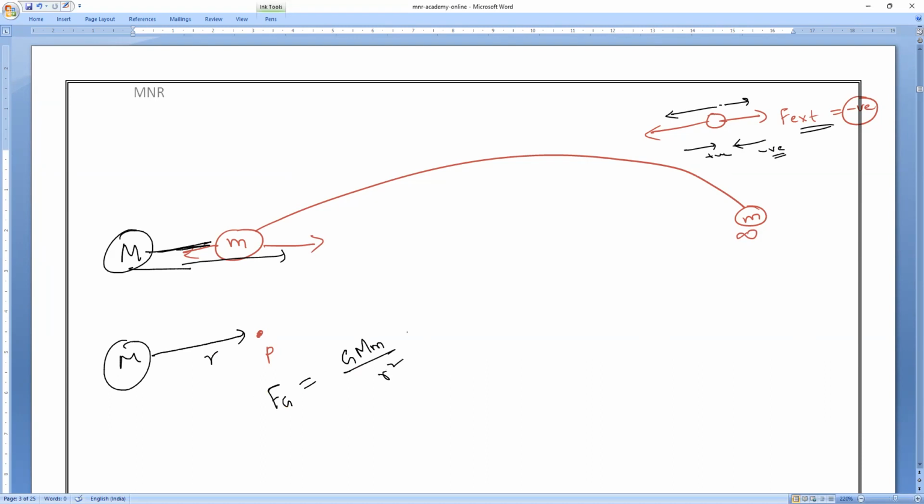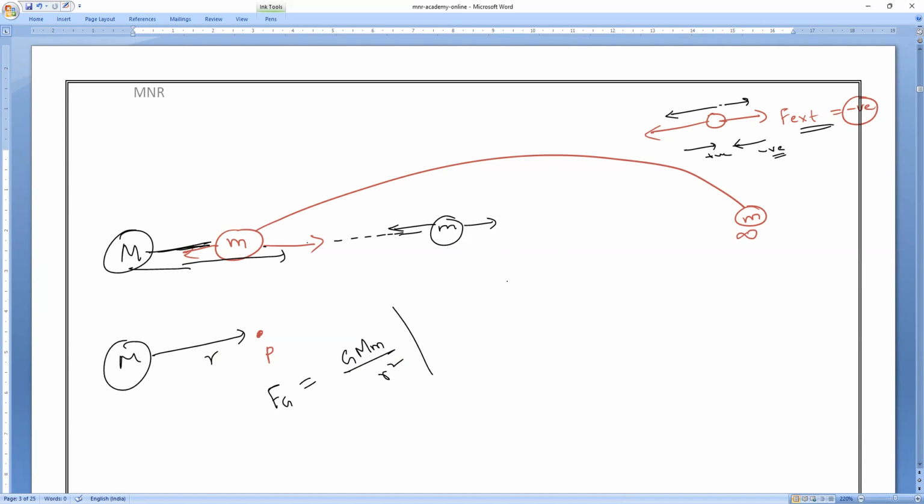Now, in the same way, imagine this body has been moved. If this body comes here, you can see this is the force of attraction. And the force we have just studied, which is always acting trying to take the body away, is F external.